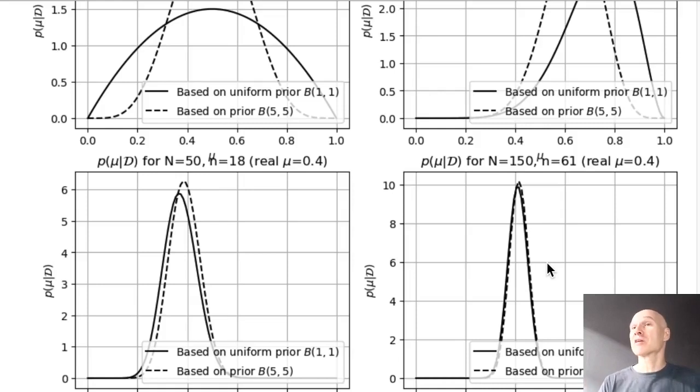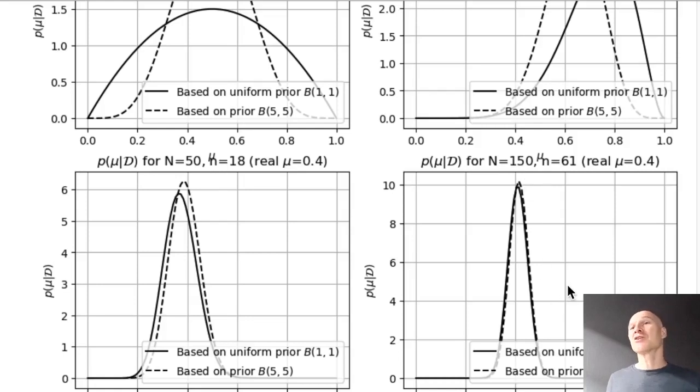The second is that no matter how many tosses we do, we'll never get a real spike at 0.4. There will always be some remaining uncertainty. It could be that this is a fair coin, and just by accident we happen to observe 61 heads in 150 throws.